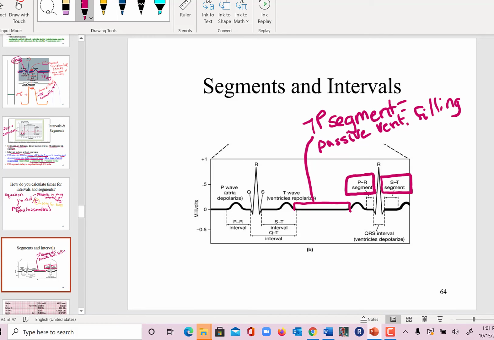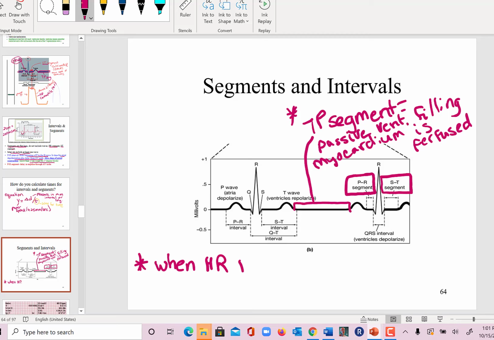But also, friends, this is the time when blood can go through the coronary arteries. This is the time when the myocardium is perfused. When your heart rate goes up, the TP segment is compromised.